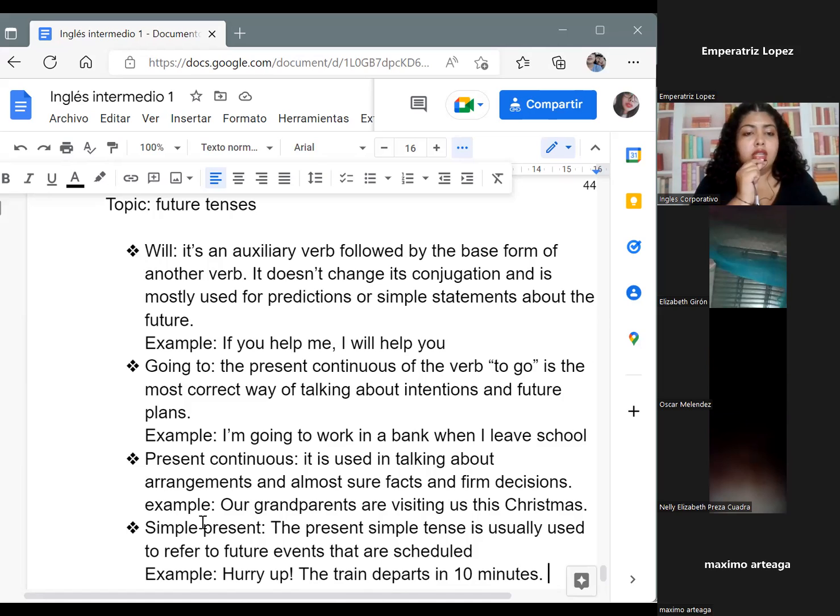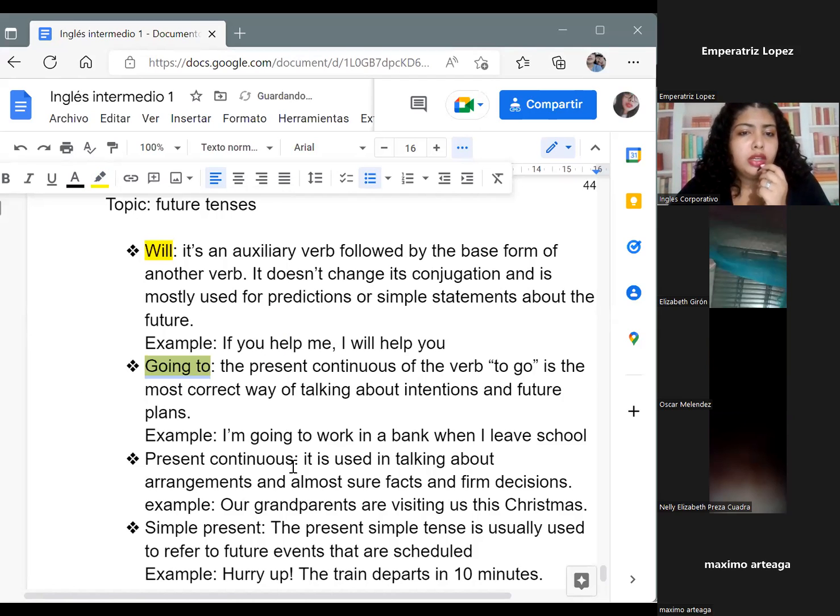Also present continuous and simple present, because in that case, we are going to use structures in present when we are going to talk about the future, because in some cases these structures are talking about some action that is going to happen in the future.